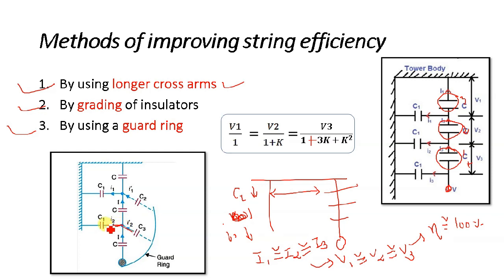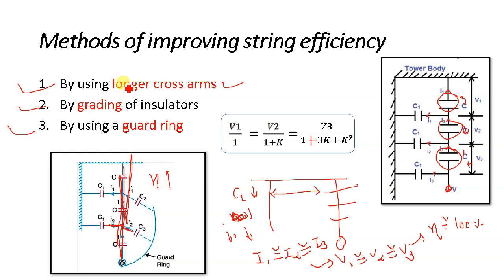This current is I2, so I2 dash will be compensated at this point, so this will again be I2. So the current through this branch is going to be the same irrespective of whatever shunt capacitance is there. The guard ring will compensate the rest of the current, and that is why the voltage distribution among the disks will be the same, and the string efficiency will be improved.